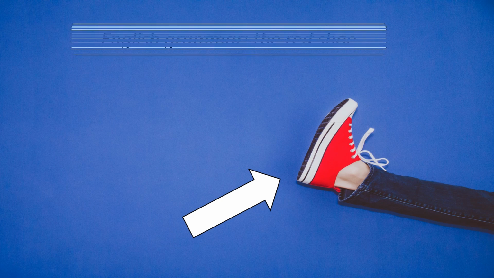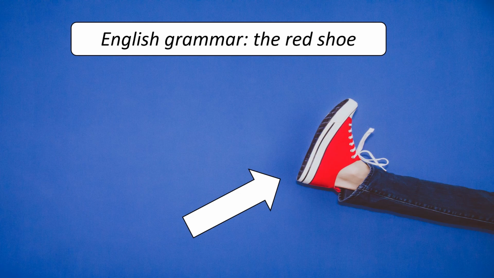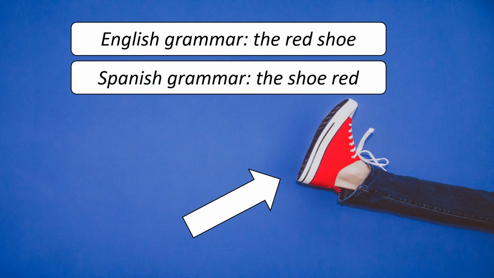What about the shoe? How do you say the red shoe? Remember, in English it is the red shoe, whereas in Spanish you switch the noun and the color the other way around to be like the shoe red.